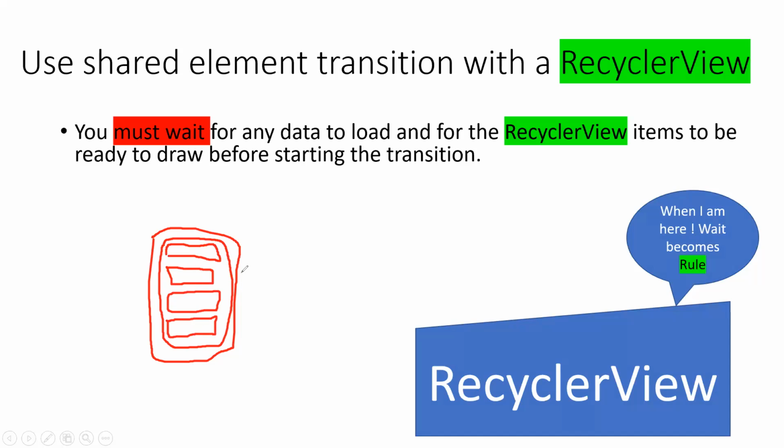Just imagine this kind of scenario, and there is a scroll bar associated with this because the number of emails is large. This kind of list view you can implement by using a recycler view. You can create an object of a recycler view which can implement this kind of list.